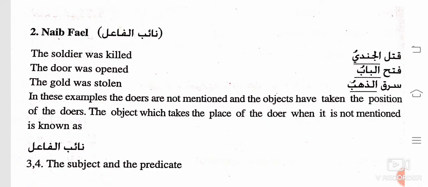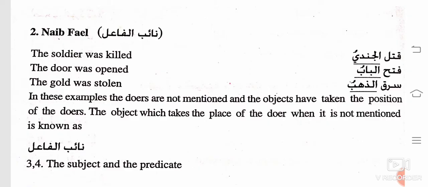Qutila jundiyu, the soldier was killed. Here fa'il is not mentioned. Who killed? It is not mentioned. The soldier was killed, but who killed the soldier? It is not mentioned. So fa'il is not mentioned here. So that's why naib fa'il. The noun that is coming instead of fa'il is called naib fa'il.